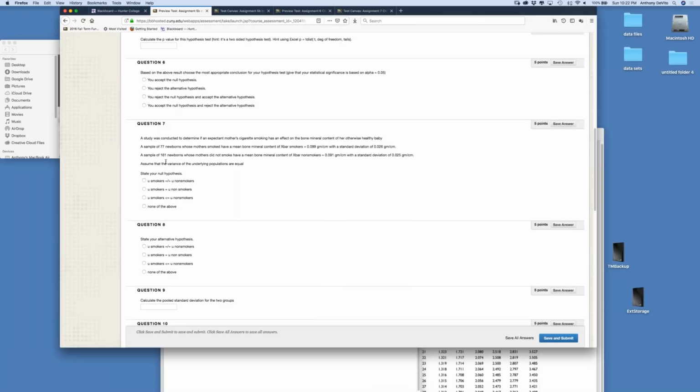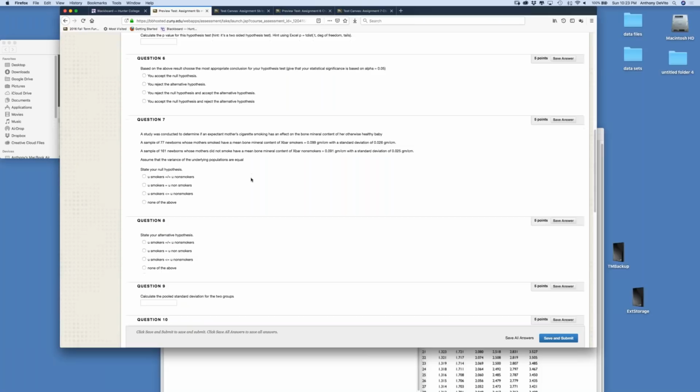A sample of 161 newborns, bone mineral content of 0.91 with a standard deviation of 0.025. Assume that the variances of the underlying populations are equal. And in fact, we probably would assume that anyway, since the standard deviation was 0.026 and 0.025 for the two groups. State your null hypothesis.